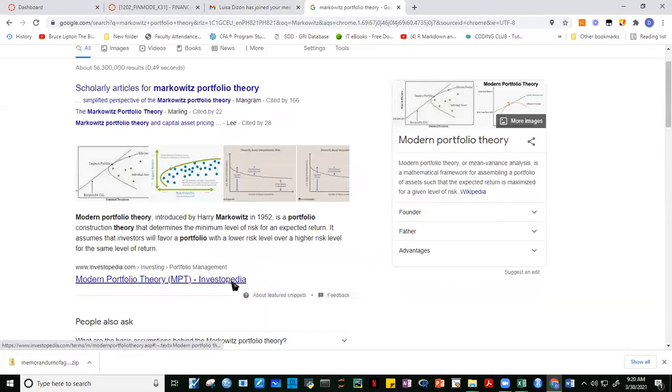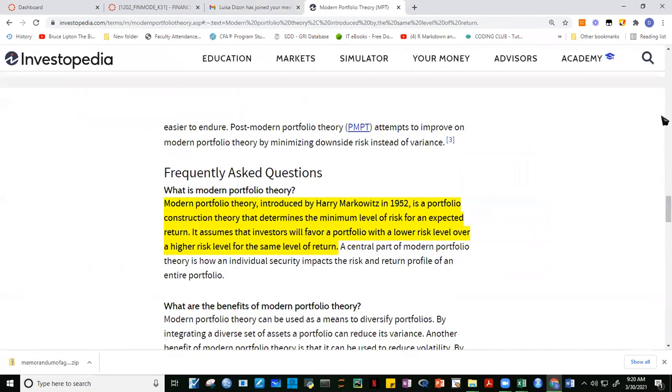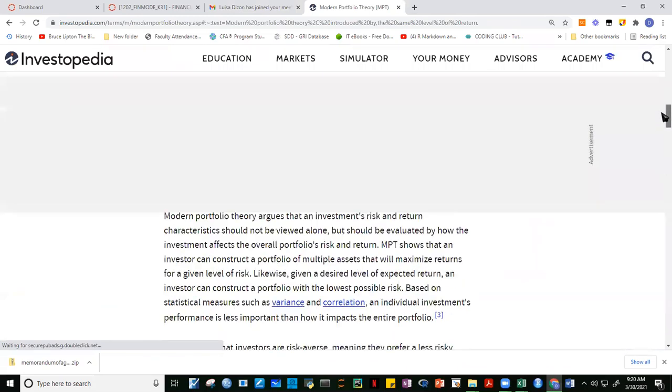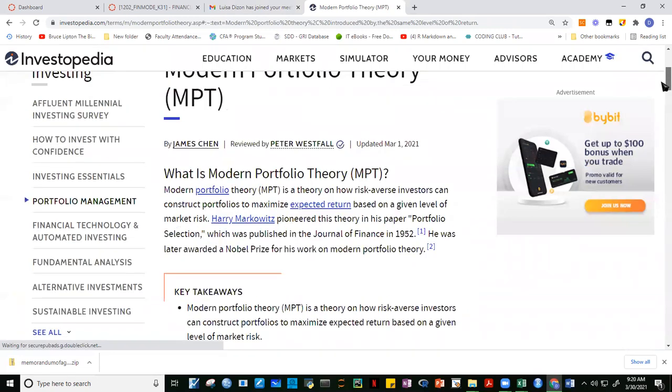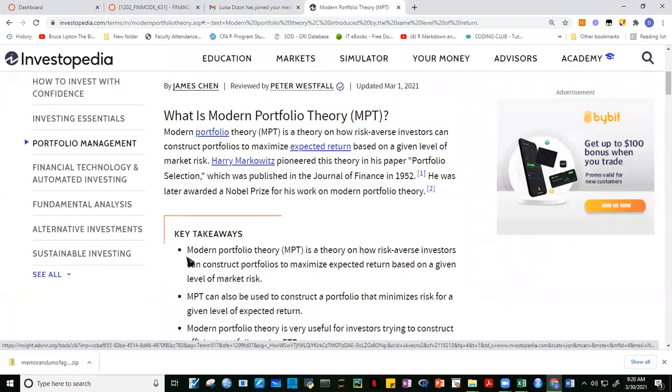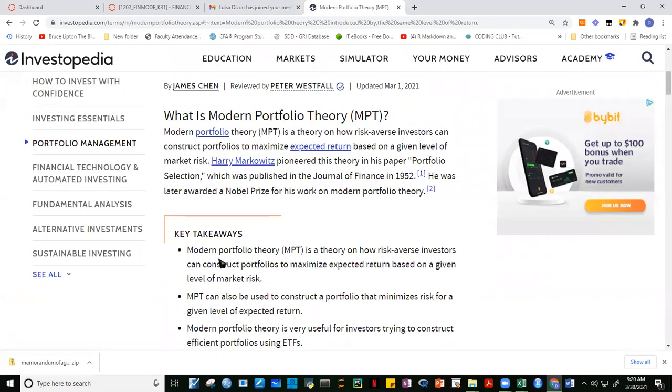Okay, so in a nutshell, what's Markowitz's theory? It forms part of the MPT, modern portfolio theory. Okay, ang sabi dito, sabi ni Markowitz, it's a theory on how risk-averse investors can construct portfolios to maximize expected returns.